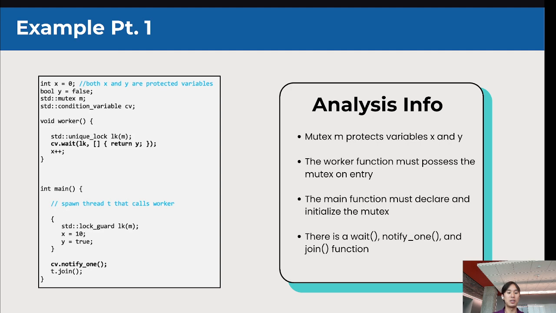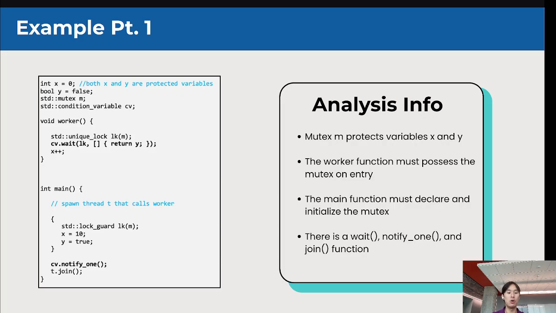We can also see that the condition variable CV is used along with the mutex M. And we can figure this out by checking which mutex the lock that the condition variable uses is related to.